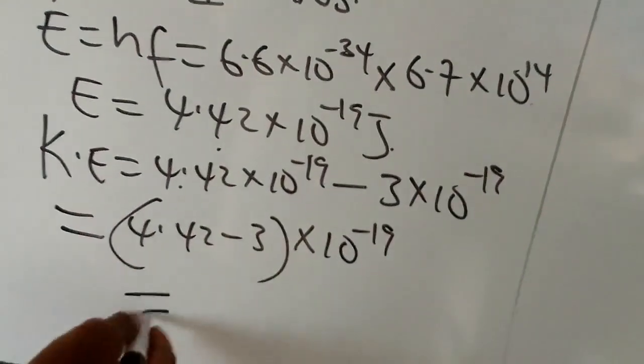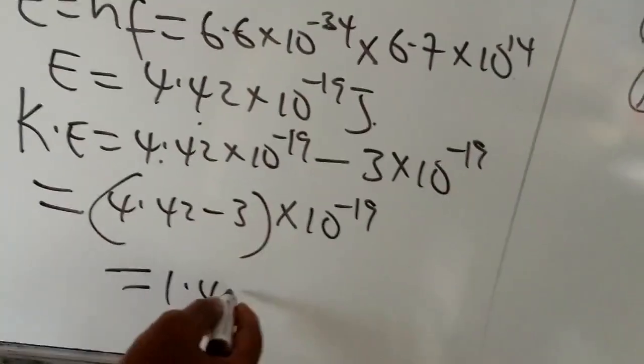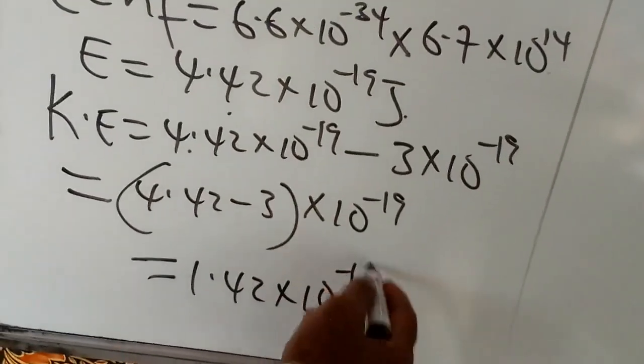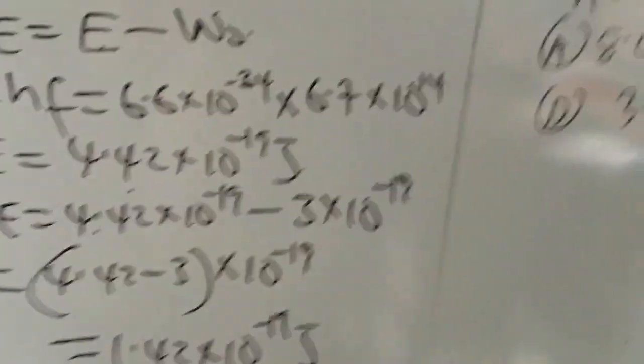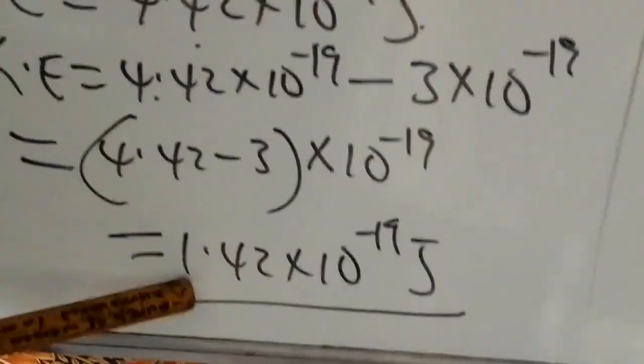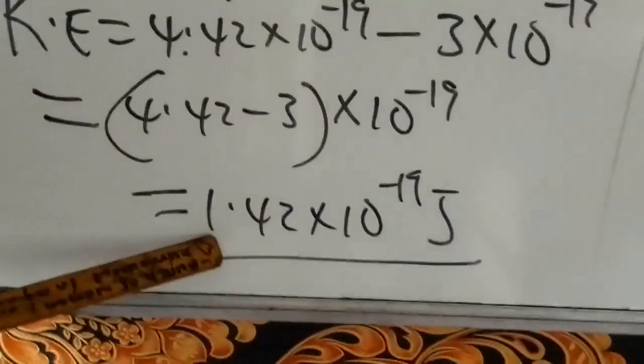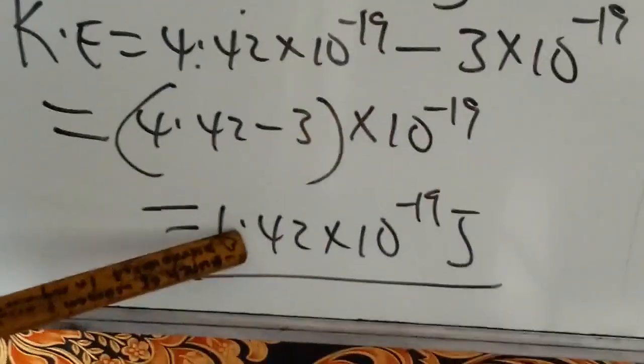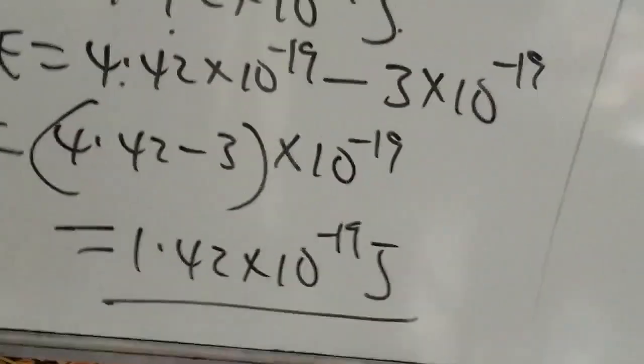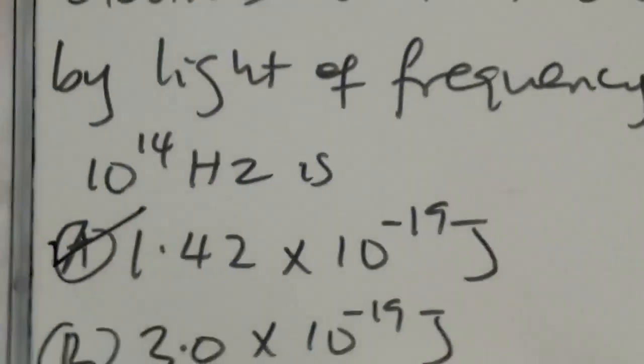Solving this, we're going to have 1.42 power minus 19 joules as our answer. So this is the energy of the liberated electrons, because when electrons are liberated, they will be in motion, so they will possess kinetic energy. So the answer to the question is option A. That's our right answer to this question.